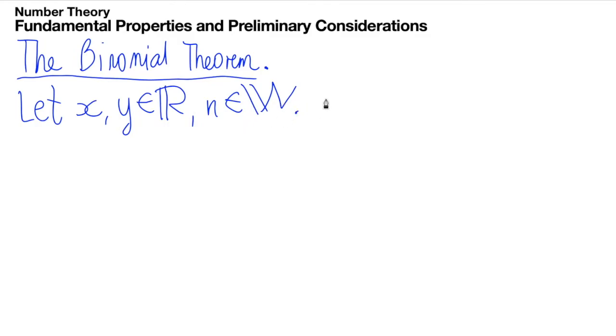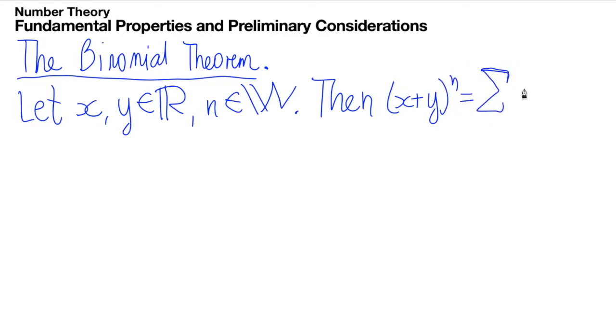So if this holds, then we say that the quantity (x plus y) all raised to n is equal to the summation of n choose r, running from 0 to n, times x raised to n minus r, y raised to r. Okay, so that's clearly our binomial theorem statement.